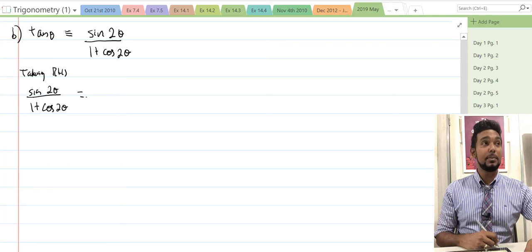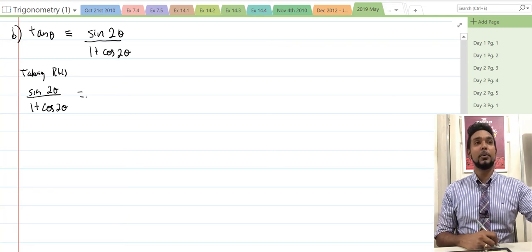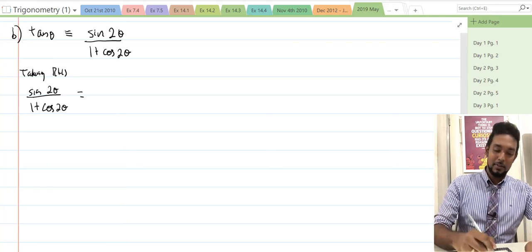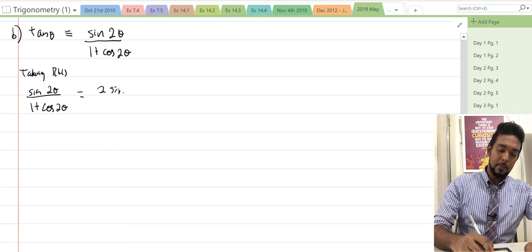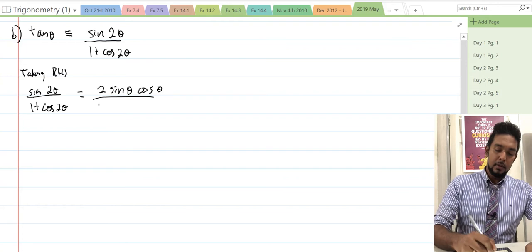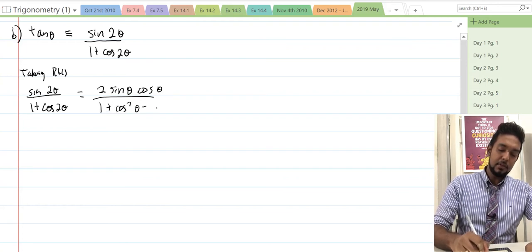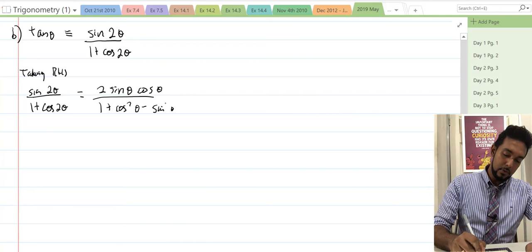Sometimes you just have to take one step at a time and see where you're going. All right, so we have 2 sine theta cos theta. Now cos 2 theta, the basic expansion is cos squared theta minus sine squared theta, right?